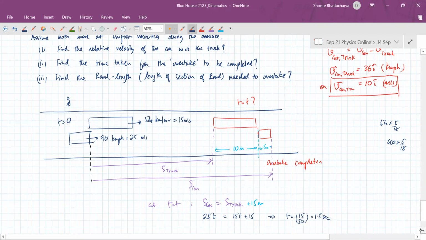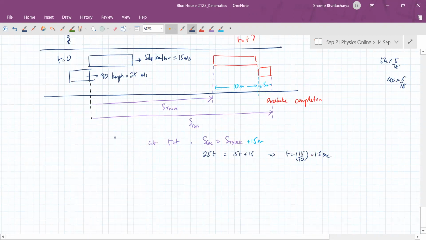But the much easier way of solving this is, what if I was actually observing from inside the truck?